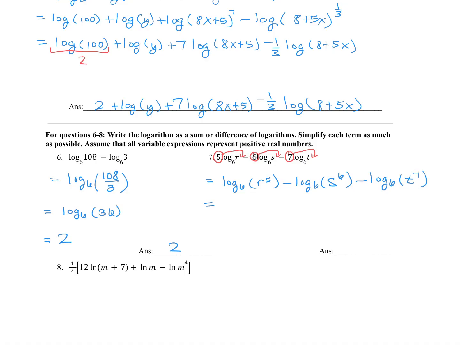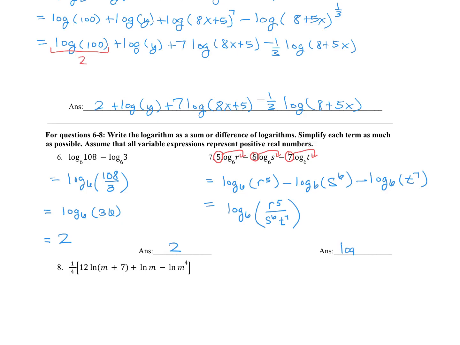And now we're going to rewrite this as one single logarithm. Remember again, subtraction turns into division, and it's one single log. So this is going to be log base 6 with a fraction with r to the 5th upstairs and s to the 6th, t to the 7th downstairs.